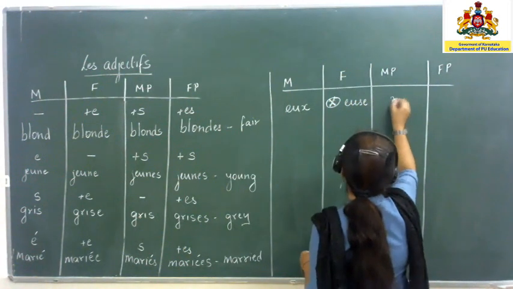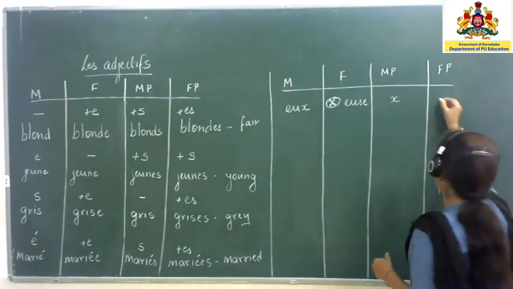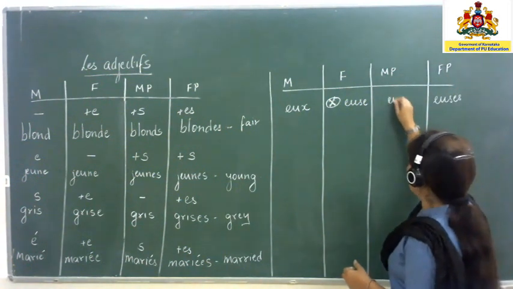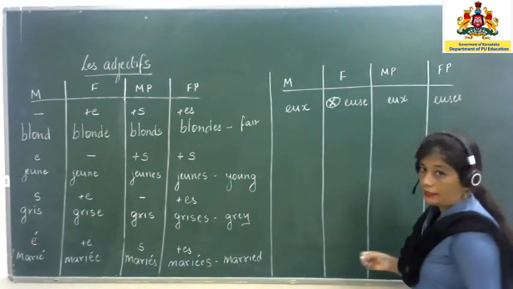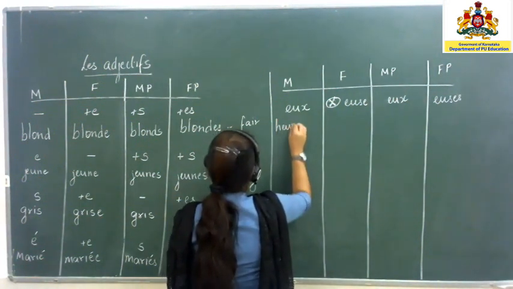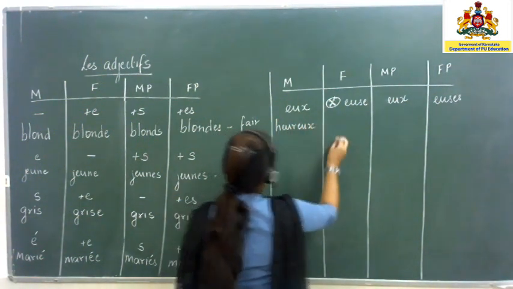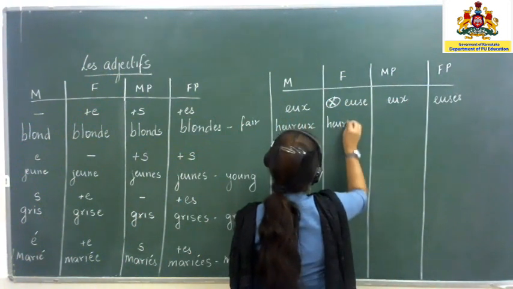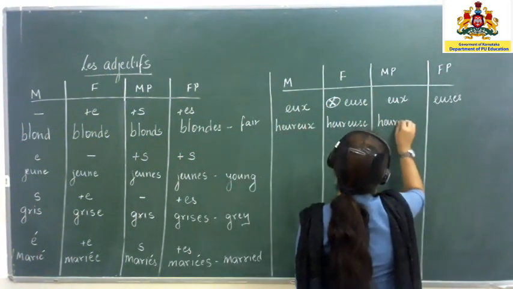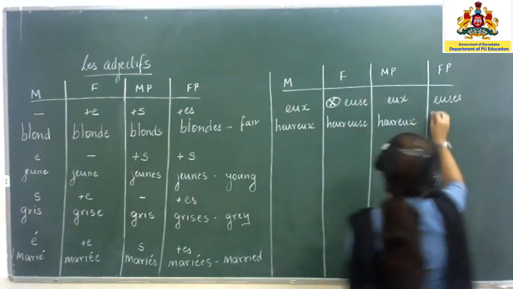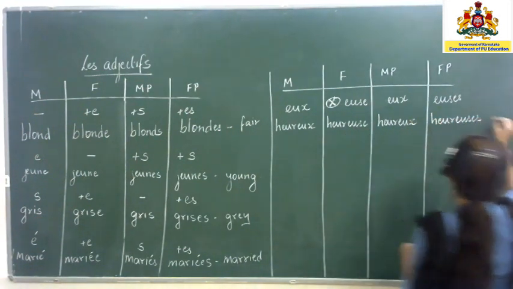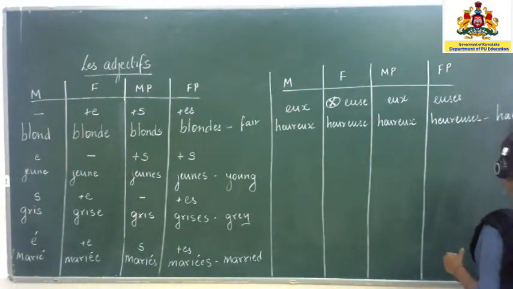Masculine plural is with the X and feminine plural is EUSES. So the masculine plural will be EUX. Example, heureux becomes heureuse, heureux and heureuses, meaning happy.